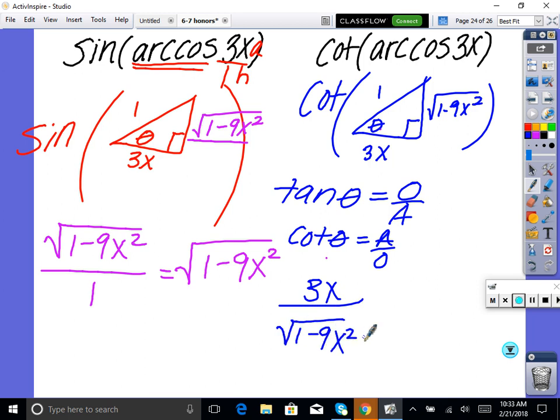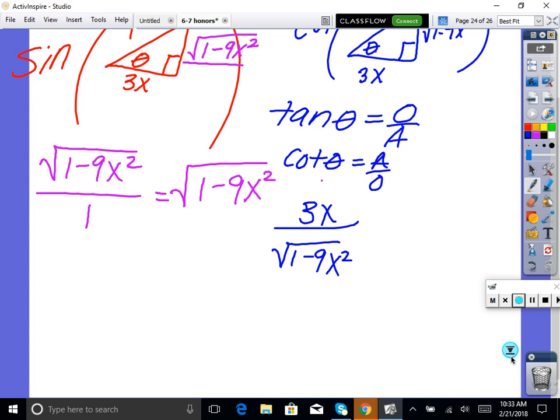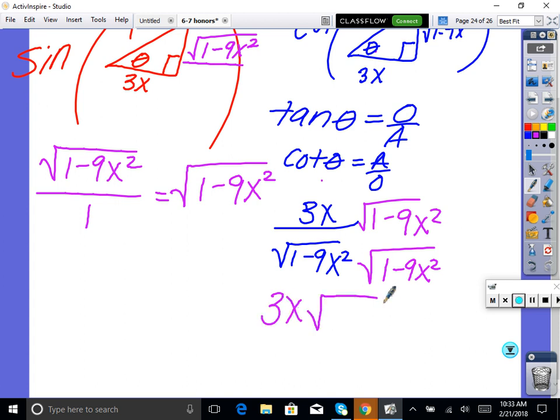And then you're making a good point. Yes. So how would I rationalize the denominator? Okay, watching, because this is some algebra that some of you might make mistakes on. On top we have 3x times the square root of 1 minus 9x squared, don't I? Then on bottom, what do I have? 1 minus 9x squared.